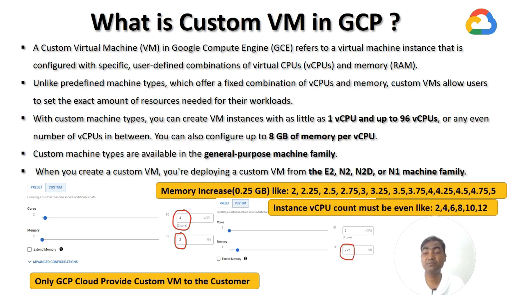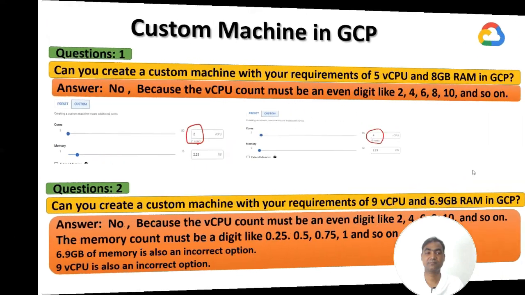Custom VMs are subject to the same 1 minute minimum charge as any other instance, but sustained use discount for custom machine types is calculated differently. Guys, I hope now you understand what custom VMs exactly are.